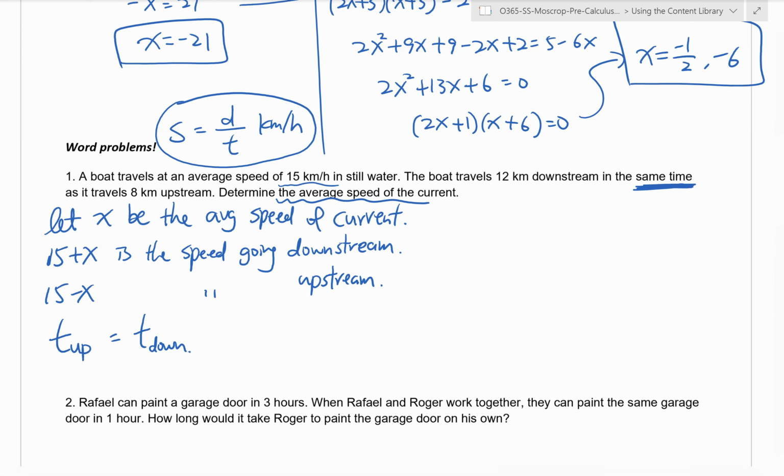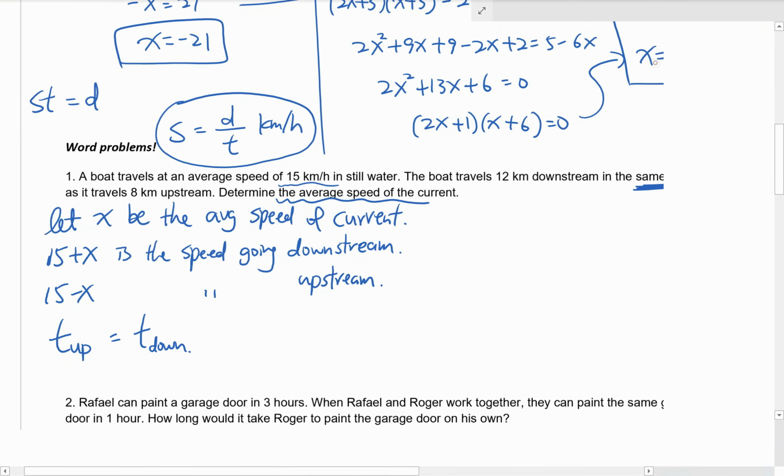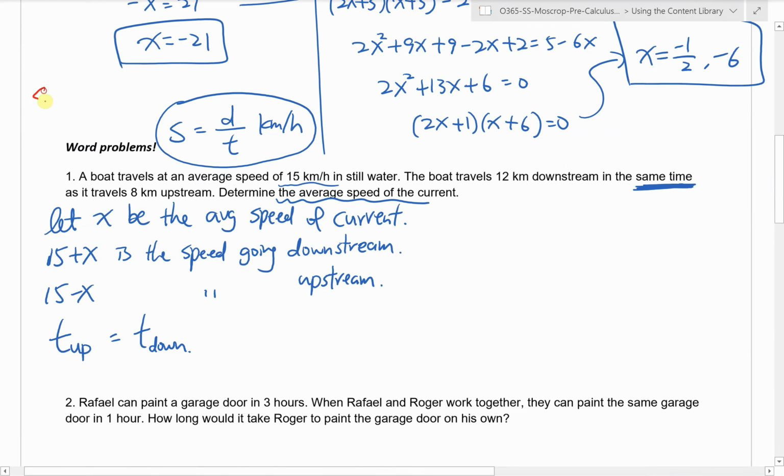Multiply both sides by t and you get st equals d. If you're solving for t, you divide both sides by s. So t is equal to d over s. That's what I'm going to use to solve this problem.